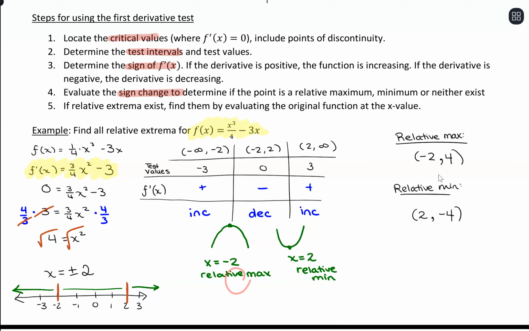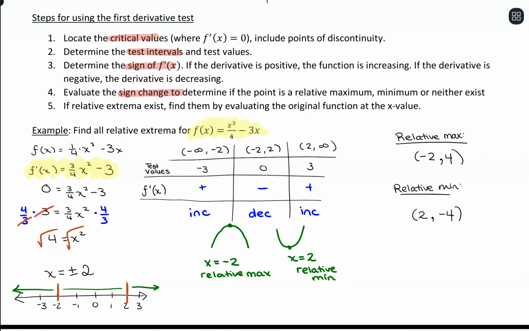And then once we figure out max and min, we can write them out, and getting that y coordinate comes from our original function. So evaluating positive and negative, we're using our derivative function, but getting the y coordinates at the end, we want to go back to our original function.